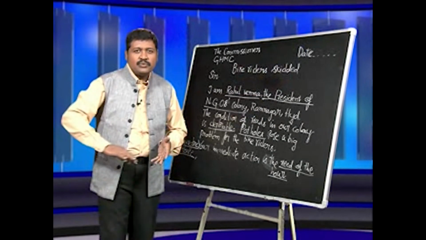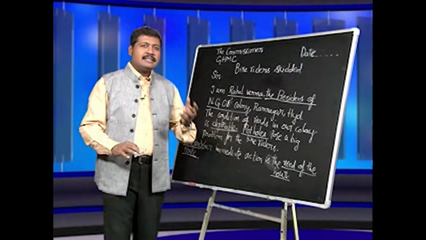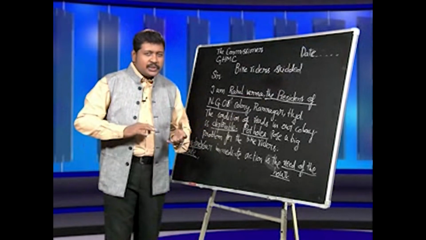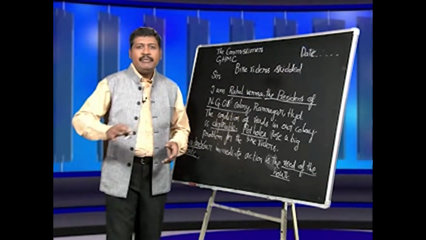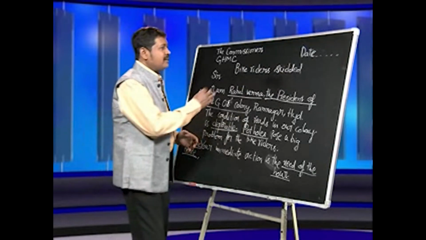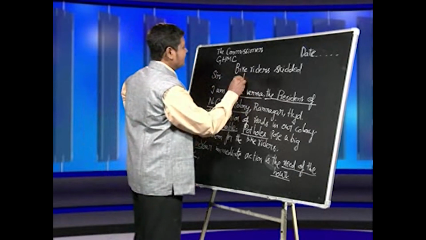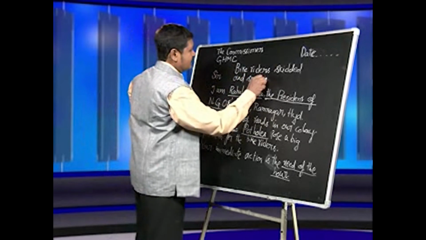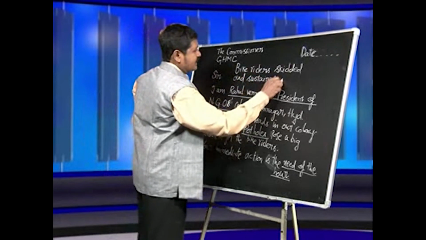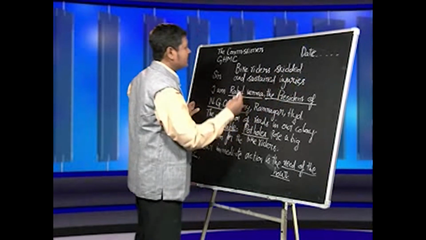When the surface is very slippery, someone skids. So here the reason for the bike riders to skid on the road is the potholes, the uneven roads. So bike riders skidded and sustained injuries. They sustained injuries. So you should remember these kinds of word combinations or word orders.